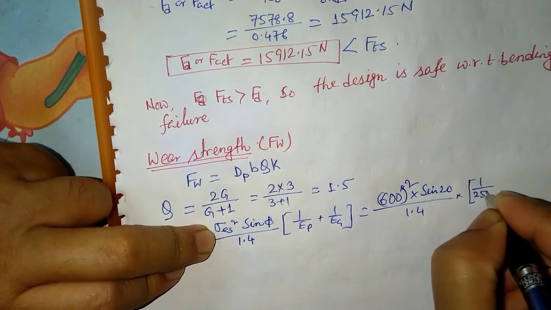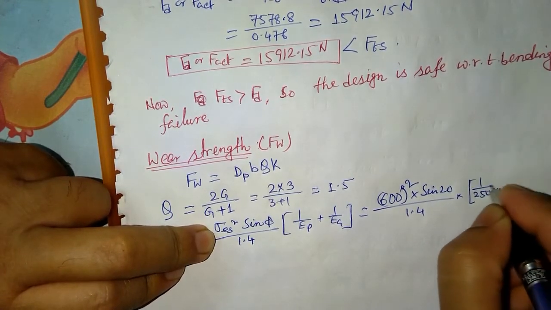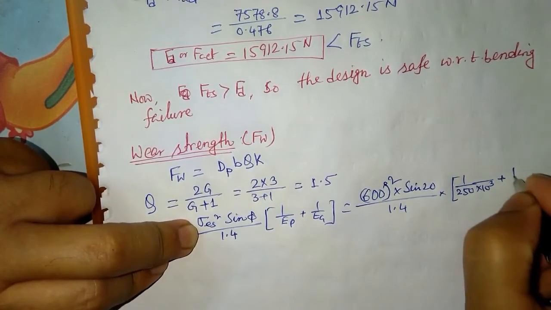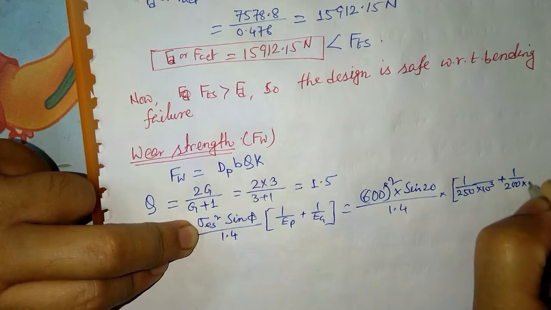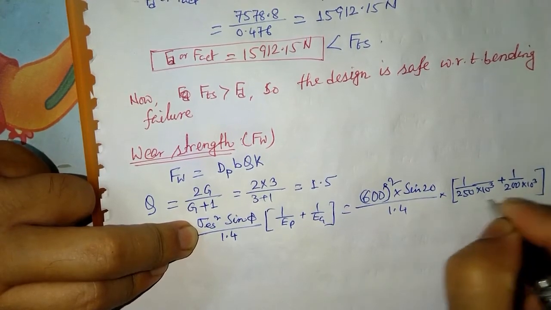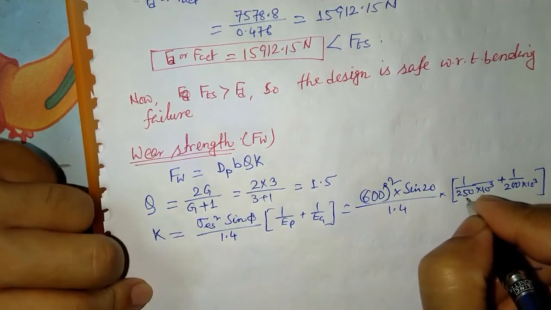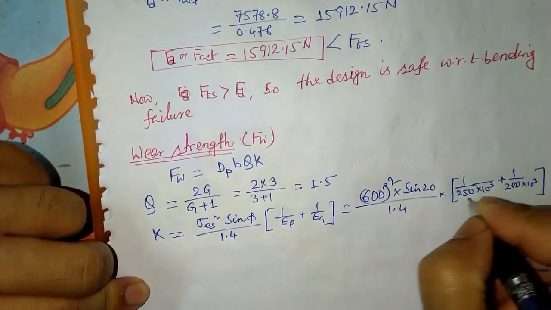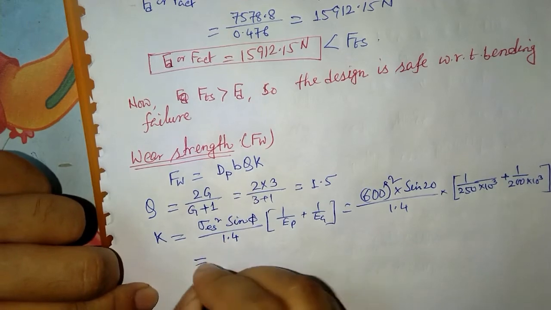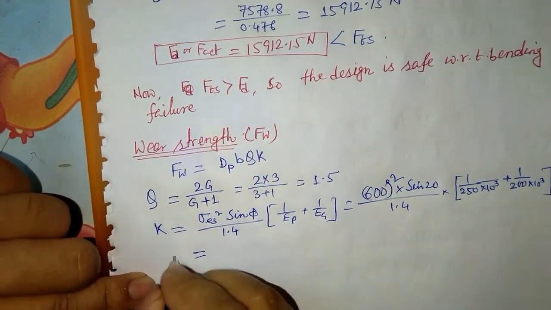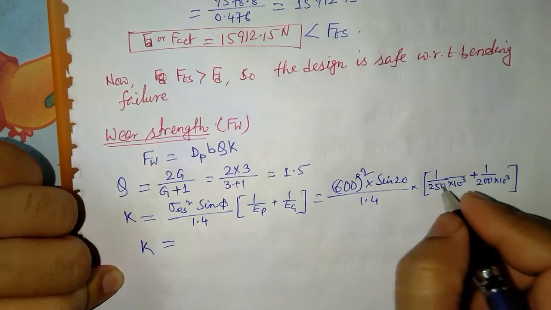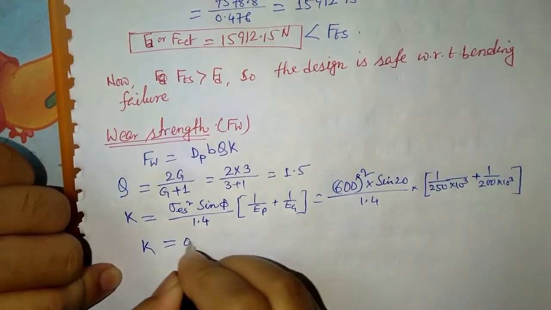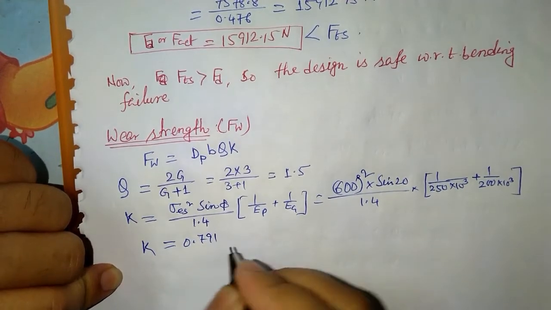So 250 gigapascal, in megapascal, into 10 to the power 3, plus 1 by 200 into 10 to the power 3, since this is given in gigapascal but here we have taken megapascal, so we have converted into megapascal. Okay, and if we make the calculation and simplify this, we will get the value of K as 0.791.